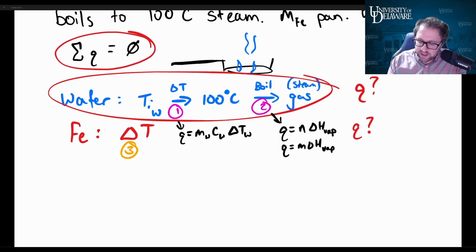That's just going to depend, is this defined in kilojoules per mole or kilojoules per gram? And one thing you'll notice about all of our Q equations, our heat transfer equations, is they connect energy, units of joules, to some quantity, either moles or mass times temperature changes, something like that. And then lastly, our iron, that's also going to be a temperature change of our iron.